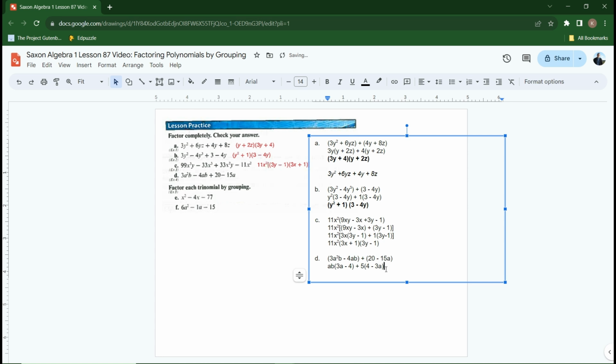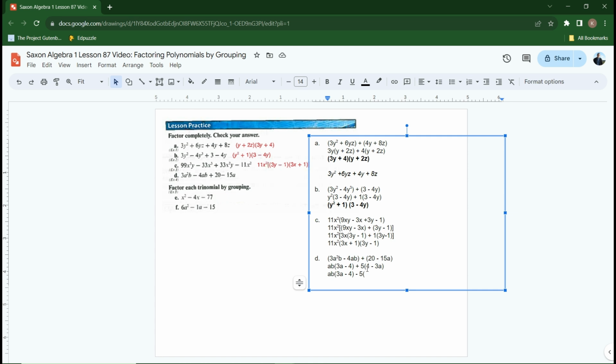Now, what do you notice? Do I have the same thing in parentheses here? I do not. This is 3a minus 4. This is 4 minus 3a. The signs are switched. Is there anything that I can do to make it so that it is the same? What if out of the second one, I factored out a negative 1. So instead of plus 5, it's plus negative 5 or minus 5, okay? That changes the sign of everything in parentheses by pulling out a negative.